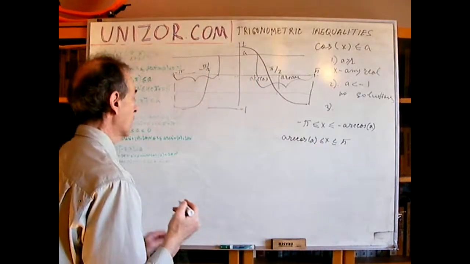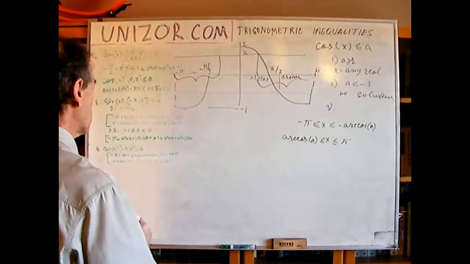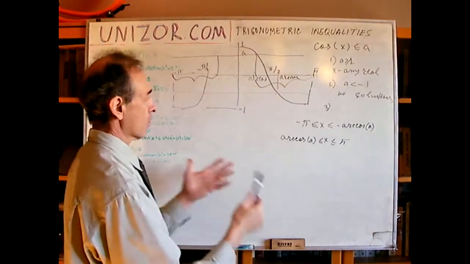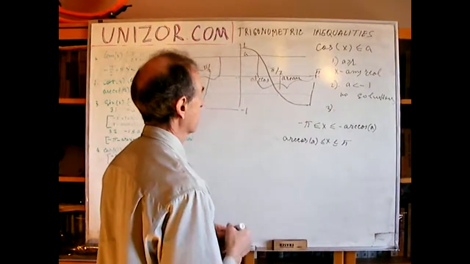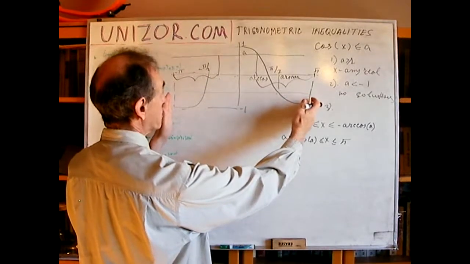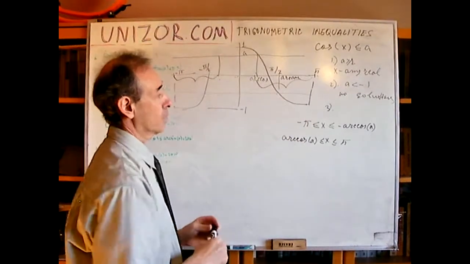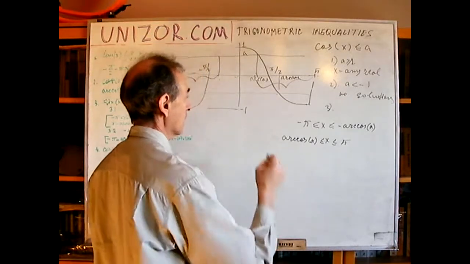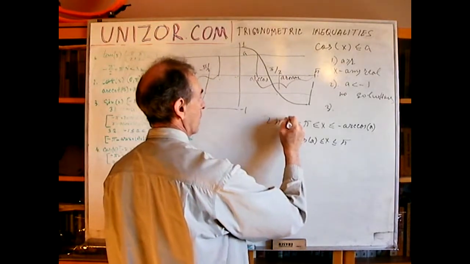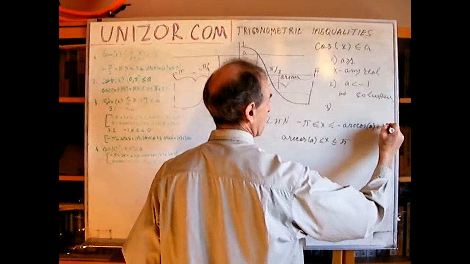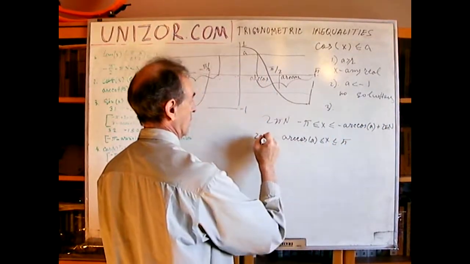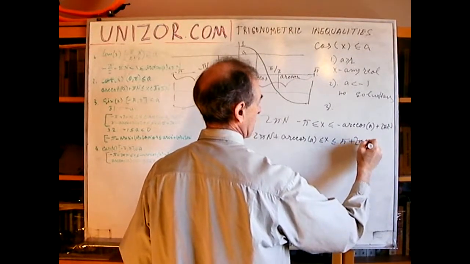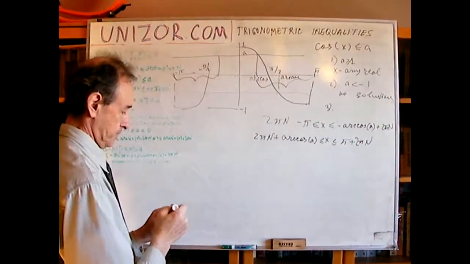So these are two intervals describing all the values of x on this particular period from minus pi to pi, where the cosine is less than or equal to a. And again, as usual, I have to add 2 pi n. So that's the solution.